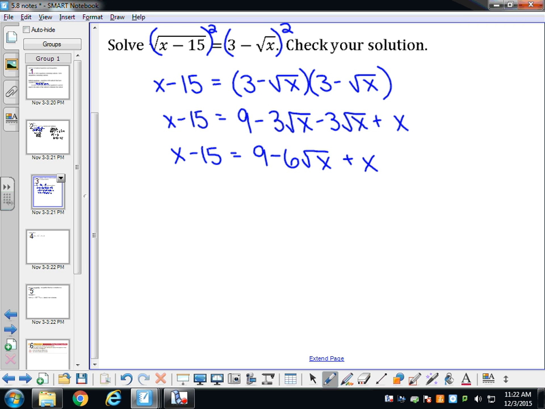Now, since I only have one radical left, I want to isolate that radical. So I will move everything else to the left-hand side.